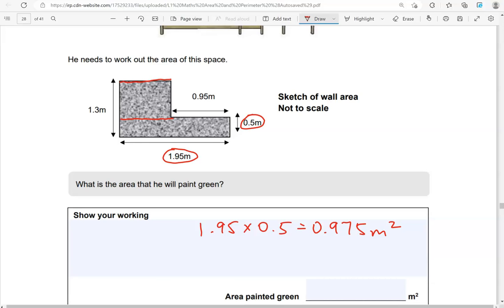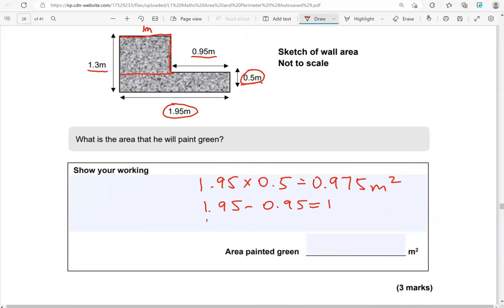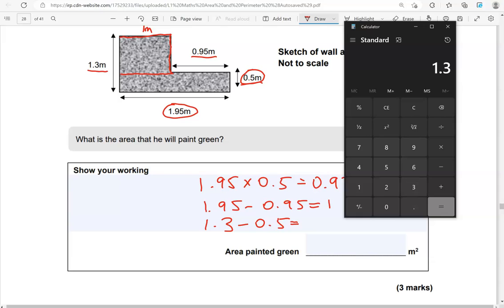this length here, which we can work out by doing 1.95 take away 0.95, which gives us 1. So this is 1 meter, and the width here we can work out by doing 1.3 take away 0.5, which is 0.8.